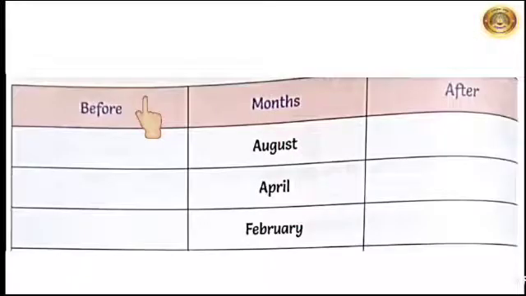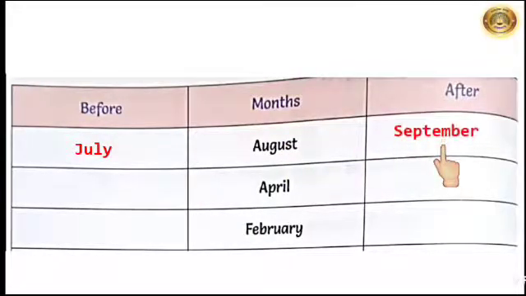Like this, we have some questions here to understand before and after. Here we have August. What is the month before August? Which month will come before August? That is July. July, August. Then what is the after or the next? August, September.